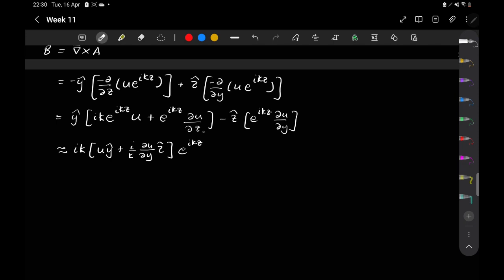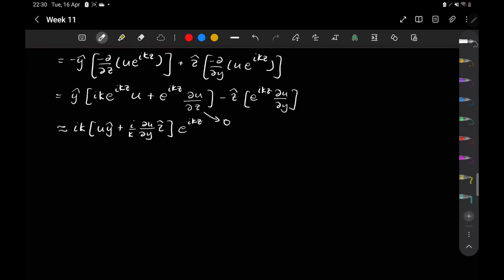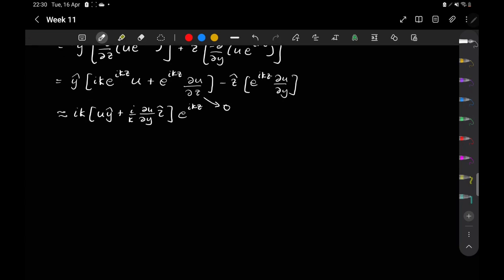Here again we have neglected this term in the paraxial approximation. Now let us look in the Lorentz gauge.